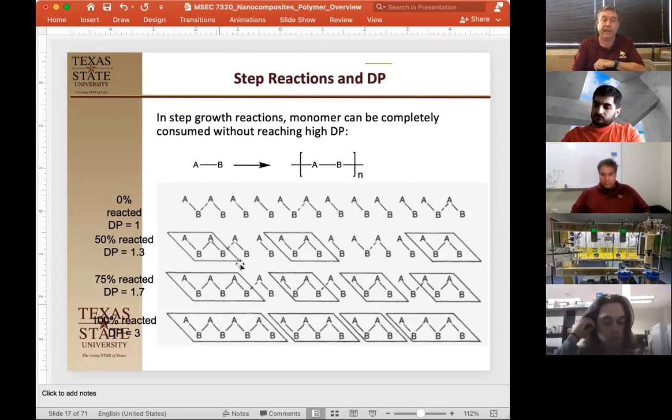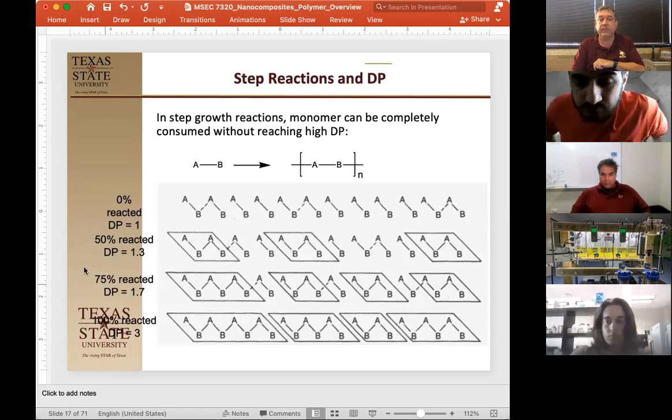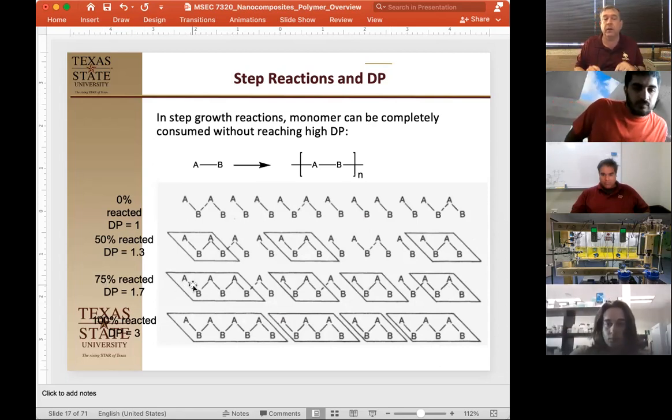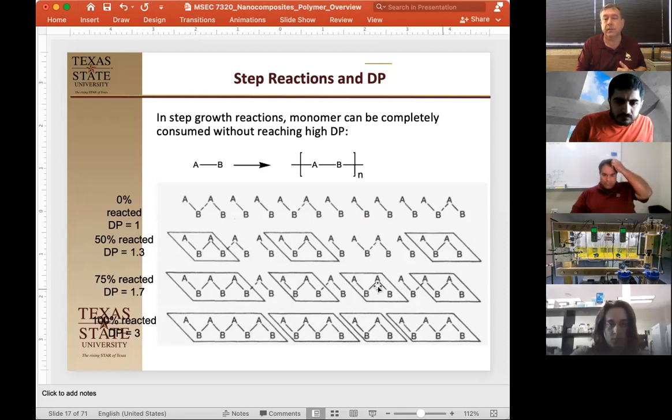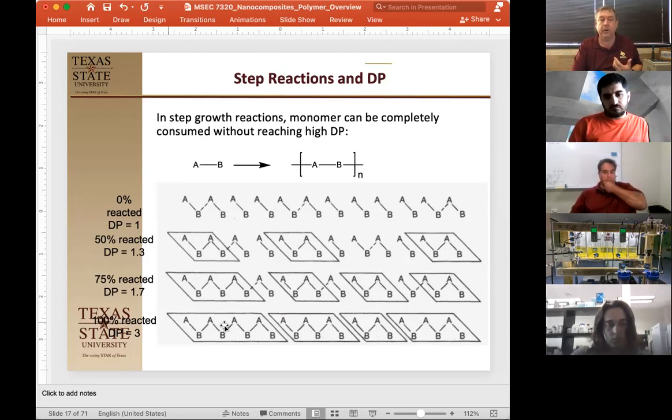Now, if we react them one more time to get slightly higher, 75% of the units have reacted. We still have a very low degree of polymerization, only 1.7 repeat units on average, because we still have some that are monomers, some that are dimers, and some that are trimers. If we get 100% reacted, all of them have reacted, but there's still a dimer, a trimer, and a tetramer.